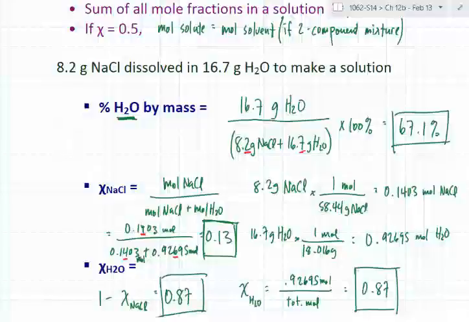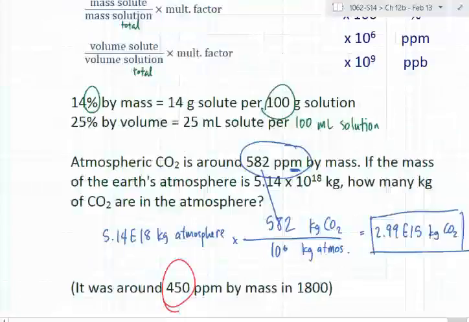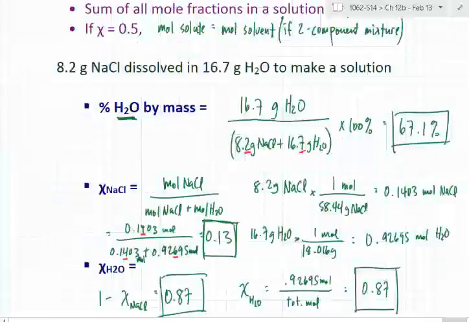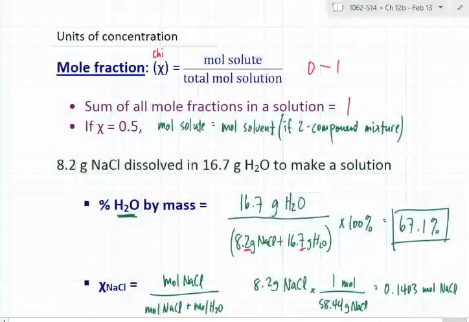These percents and the parts per million and so on, those would also have no units, except we multiply them by a multiplication factor that has a unit. So the only reason percent has that unit is because that's what this 100 is. Mole fraction, no unit.